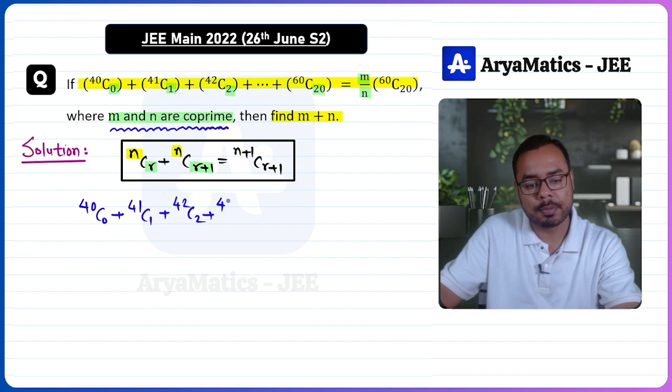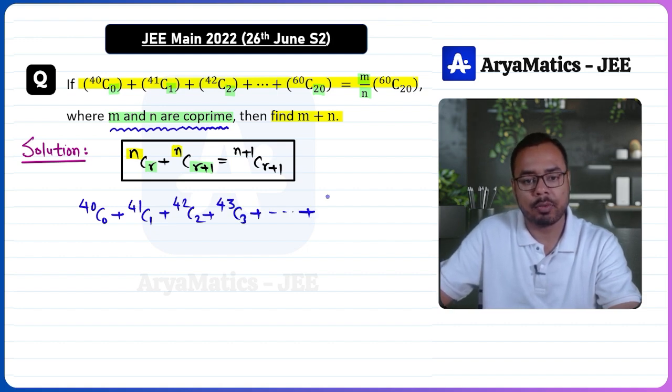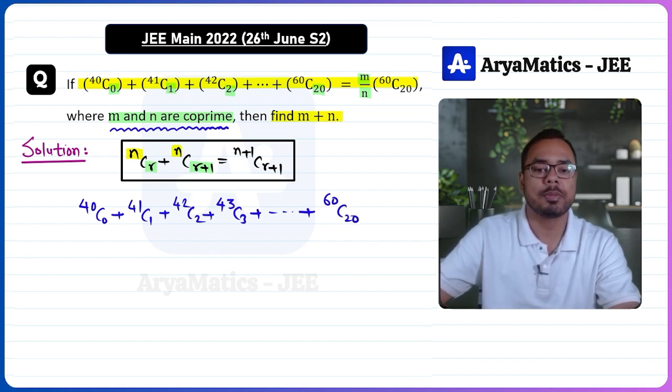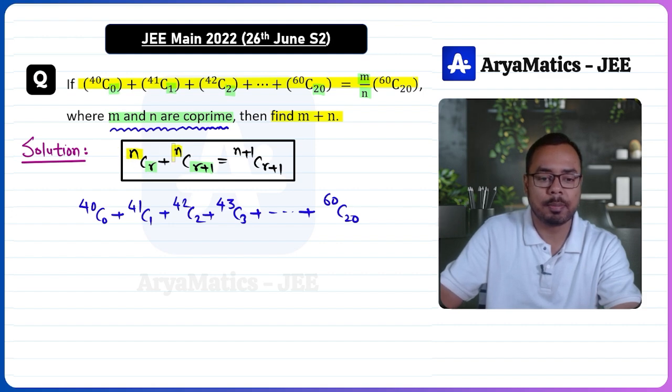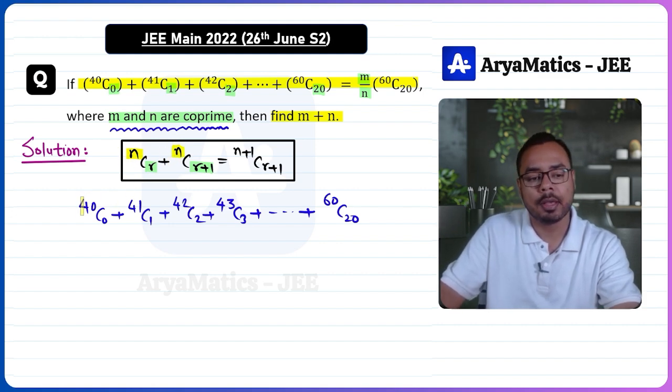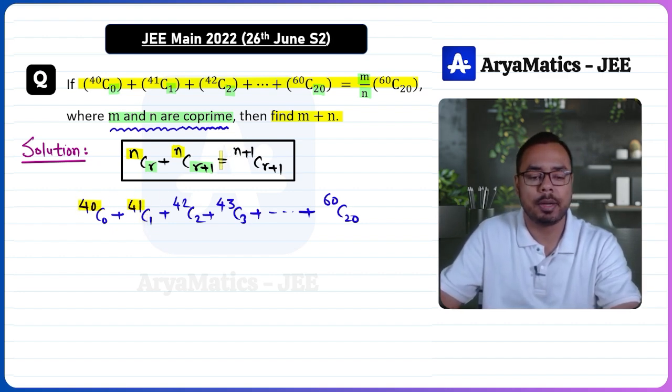I'll write a few more terms. Next will be 43C3, and in this manner it will continue up to 60C20. In order to apply this property, as I said earlier, these two n must be the same. Right now, one is 40C0, the other one is 41C1. Here we have a difference of 1 in the lower number, but the upper numbers must be the same, then only we can apply this property.